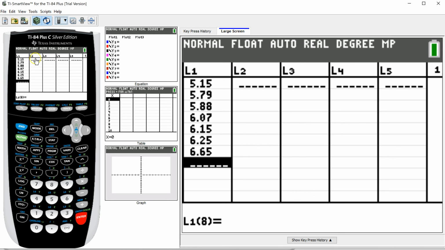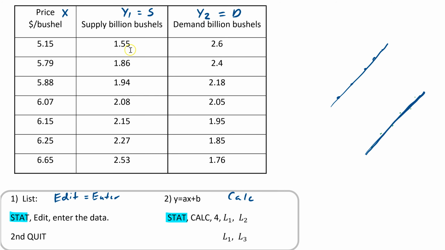And then we're going to move over and enter in L2 and L3. That's our other columns. Scroll to the left, and we do the exact same thing. So now 1.55. You have to remember, this one we did is our L1. This is our L2. This is our L3.